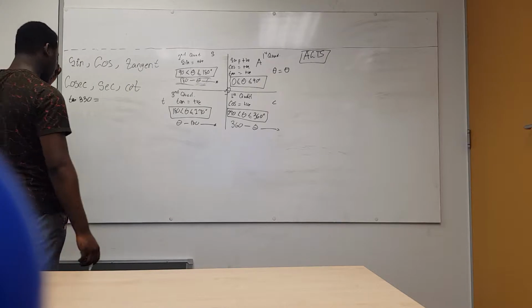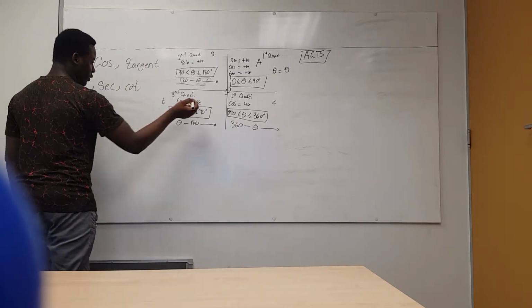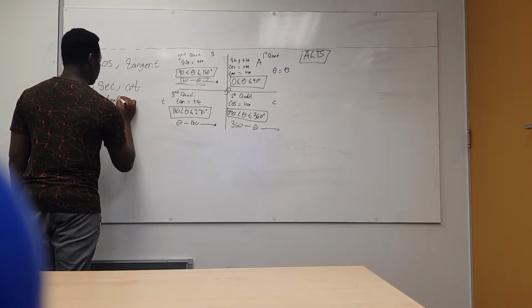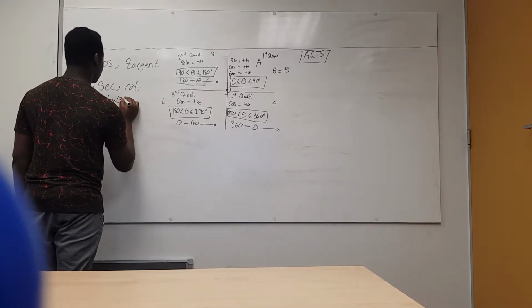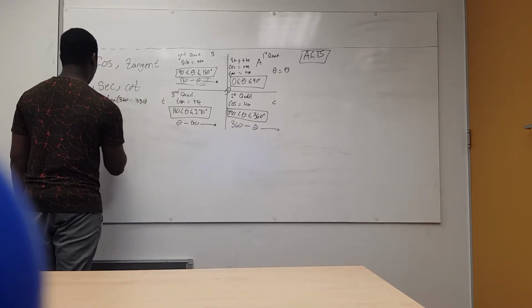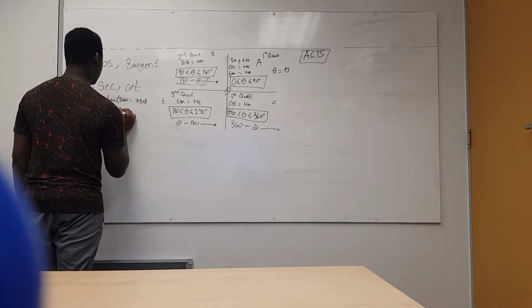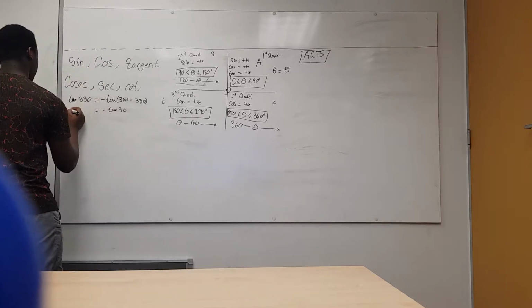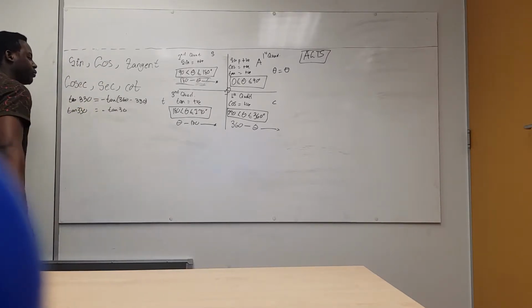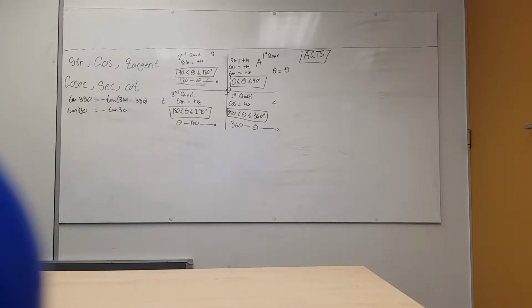Because it's going to be negative in the fourth quadrant, it's going to be negative tan of 360 minus 330. So keep that in your head.